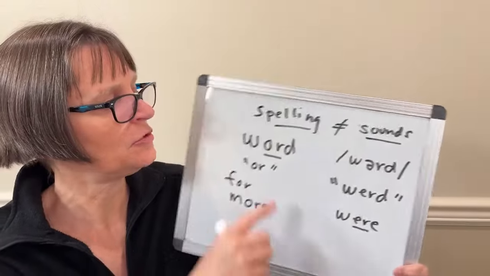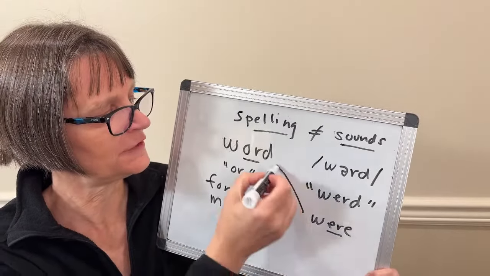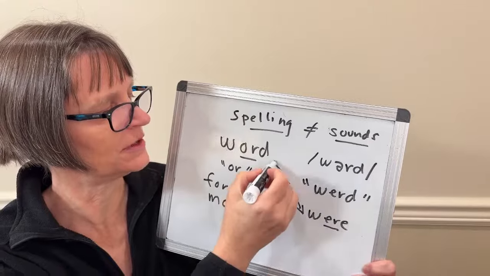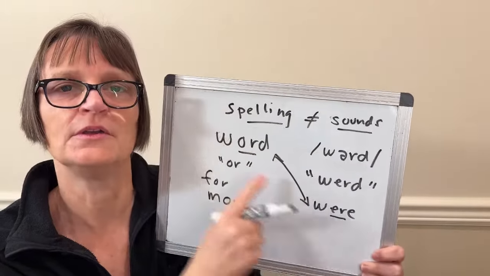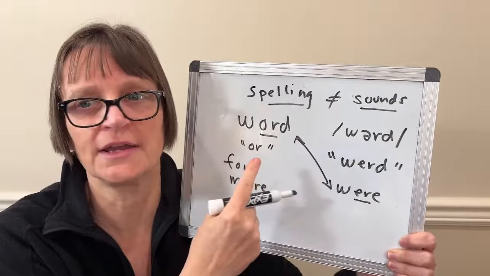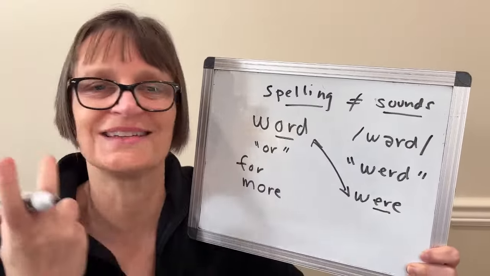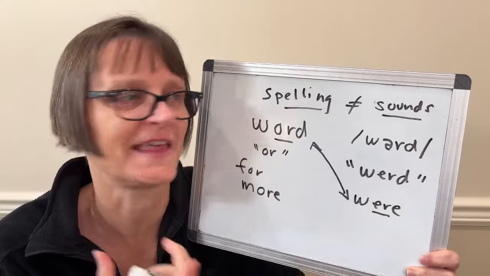So you might be pronouncing word correctly, or you might be trying to do something different between these two words. When you get to this word word, you might be trying to use something more like an or, like ward, and it might be affecting how you're pronouncing that word.